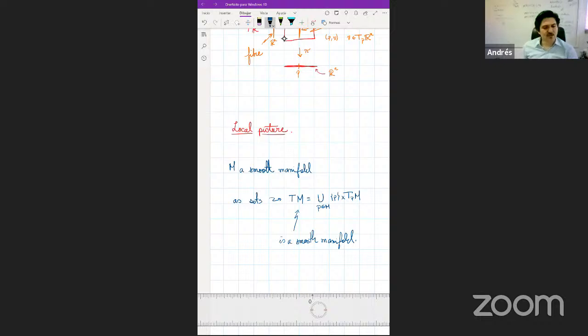And the way that we will prove that it is a manifold is by giving charts. And the charts that we will define on TM are going to be induced by the charts on M.